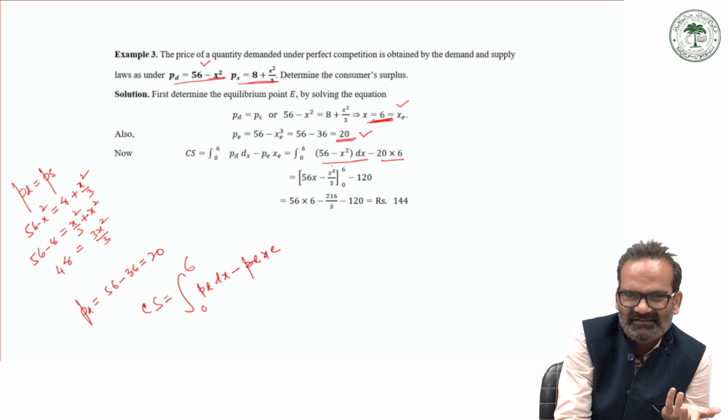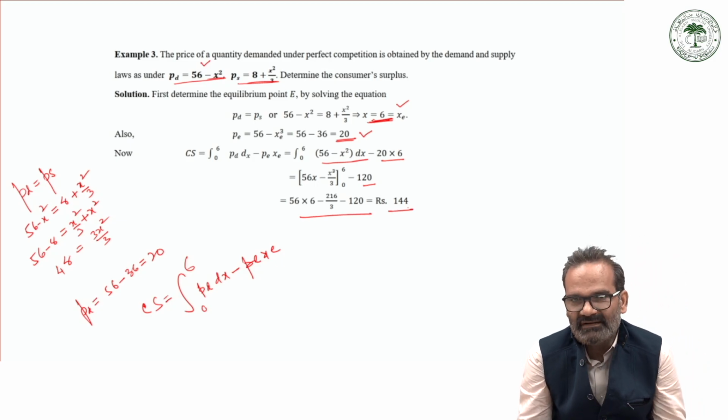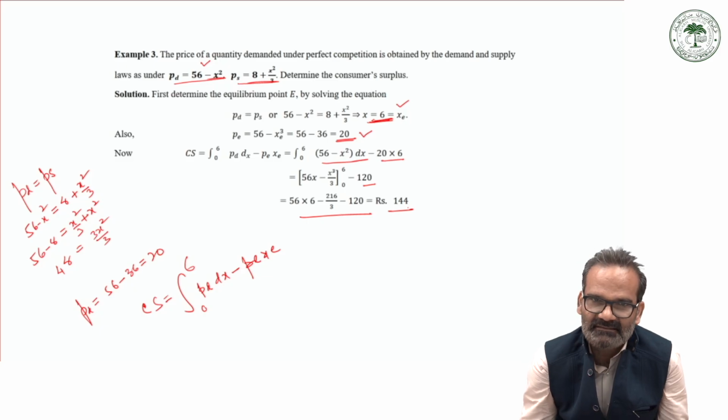Integrate the function as usual. Integral of 56 is 56x minus integral of x square is x cubed by 3, from 0 to 6, minus 120. Substitute the limits: 56 into 6 minus 6 cubed, 216, divided by 3, minus 120. Simplify this. You will get rupees 144 as the consumer surplus, right?